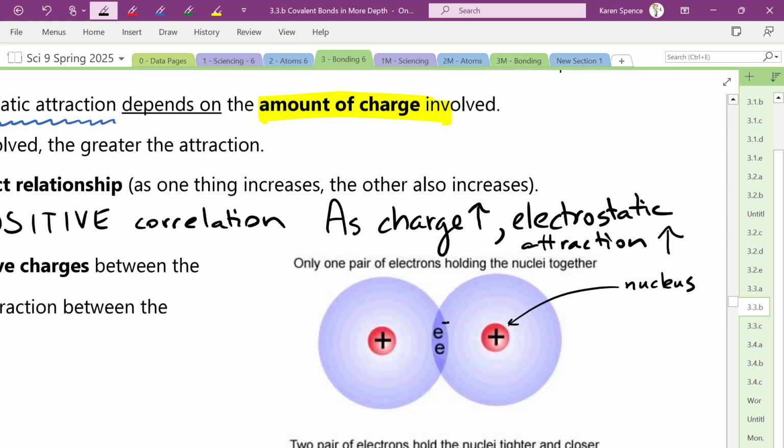And in between, we have positive being attracted to this negative charge and positive being attracted to this negative charge. We have our nucleus on the other side attracted to one electron and attracted to two electrons.